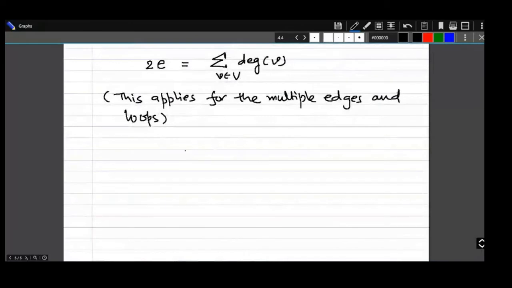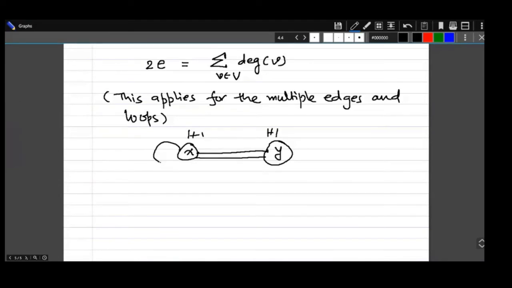When you add an edge, let's say this is x and this is y, you will have 1 degree over here and 1 degree here. So an edge contributes degree 1 on both endpoints. If you add one more edge, obviously it will be +1 on this side and +1 on this side.